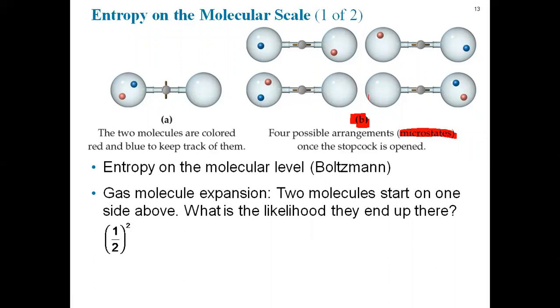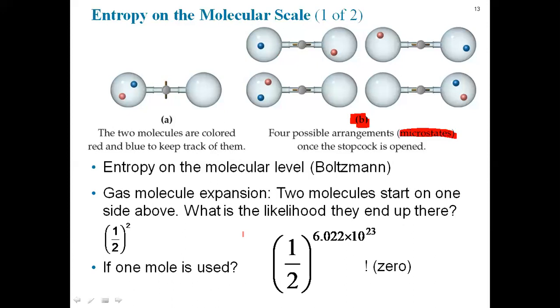That's why we have this number here, which means both of them ending on the left side. Clearly from this picture, you can see that. Statistically, the chance of each of them on the left side is 1/2, and both simultaneously on the left side is 1/2 squared.